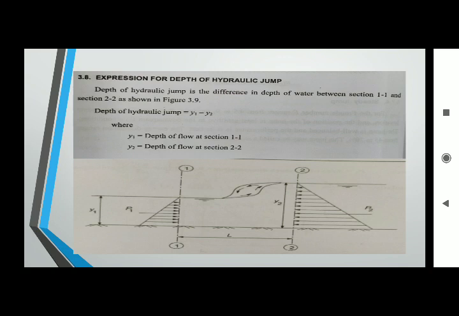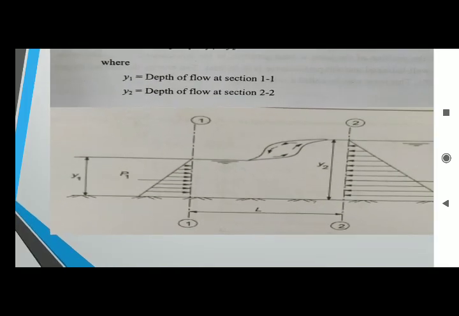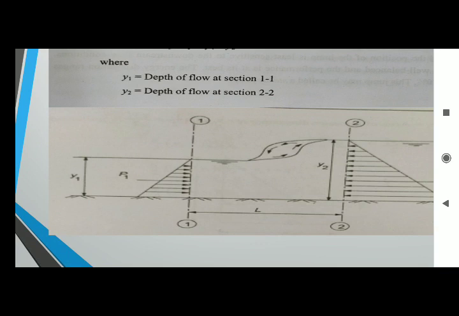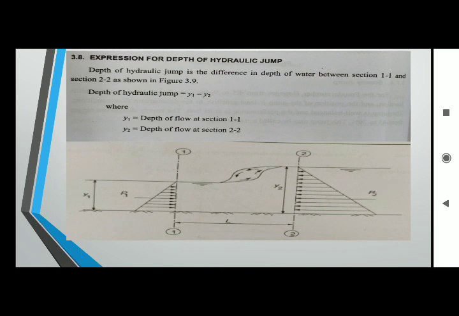Consider section 1. In section 1 the depth will be very minimum, but at section 2, after the jump, the depth will be maximum. y1 is the depth at section 1, y2 is the depth at section 2. What is the depth of hydraulic jump? It is the depth difference. For example, depth is changing from y1 to y2, then the depth of hydraulic jump is equal to y2 minus y1.